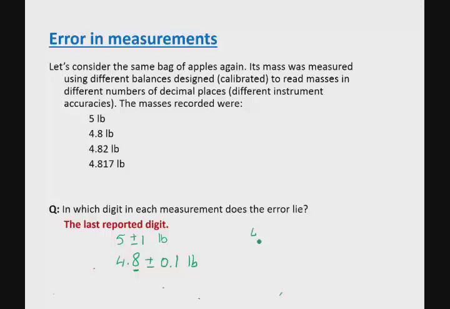The error in the next one will be plus or minus 0.01, and the last one will have an error in the third decimal place, so 0.001 pounds. So as you report more digits, the error becomes less. The precision of that measurement goes higher.